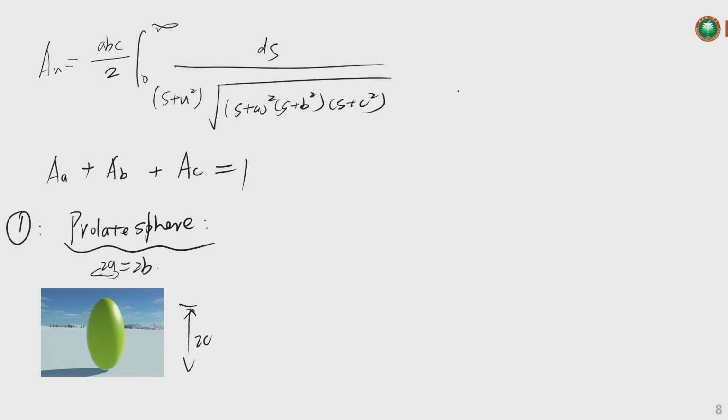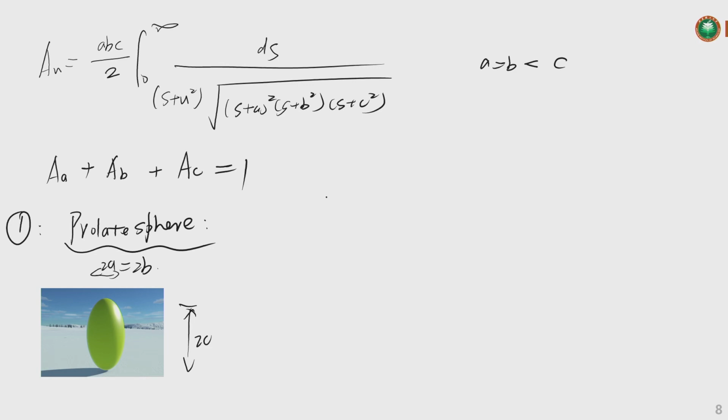So that means A equals B and is smaller than C, all right? The length of it is larger than the length of the cross section.